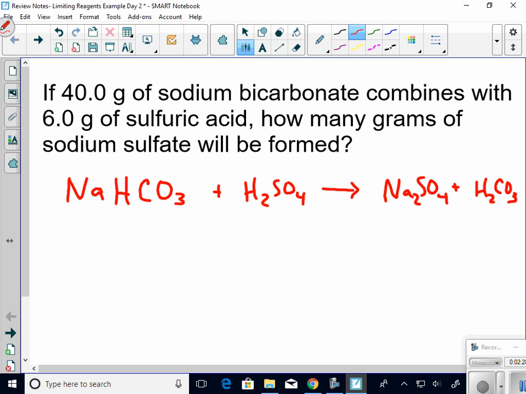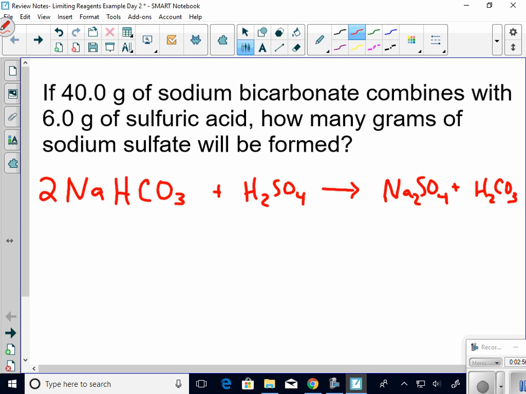Now I've got to balance this up. Probably where a big problem is going to be is with the H's. So my H's are going to give me some trouble. Let's start with sodium, though, and balance that sodium up. My sulfate's good.